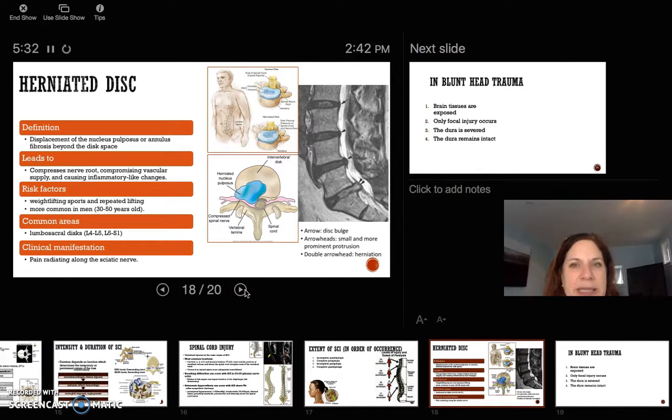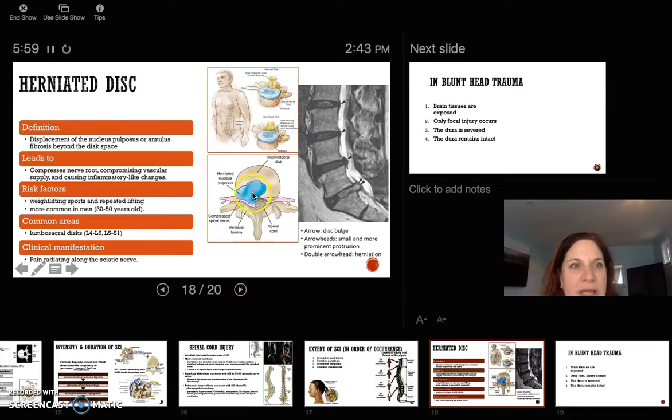A herniated disc that some of you may have had before is displacement of the actual disc. But the part of the disc that we're talking about is the nucleus pulposus. So displacement of the disc where the disc is not supposed to be. So what can happen is, here's a nice picture of it here, and now we're compressing our spinal nerve.